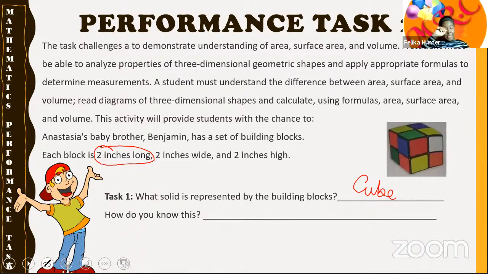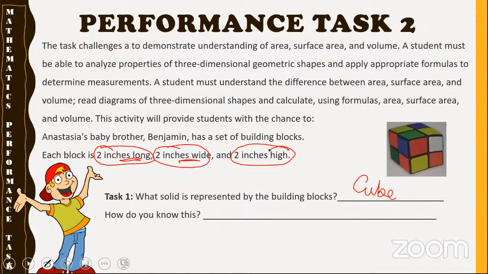So how we know it's a cube is because all the sides are the same. It's 2 inches long, 2 inches wide, and 2 inches high. Because all the lengths are the same, we know that we're looking at a cube. Understand how we know that it's a cube now?